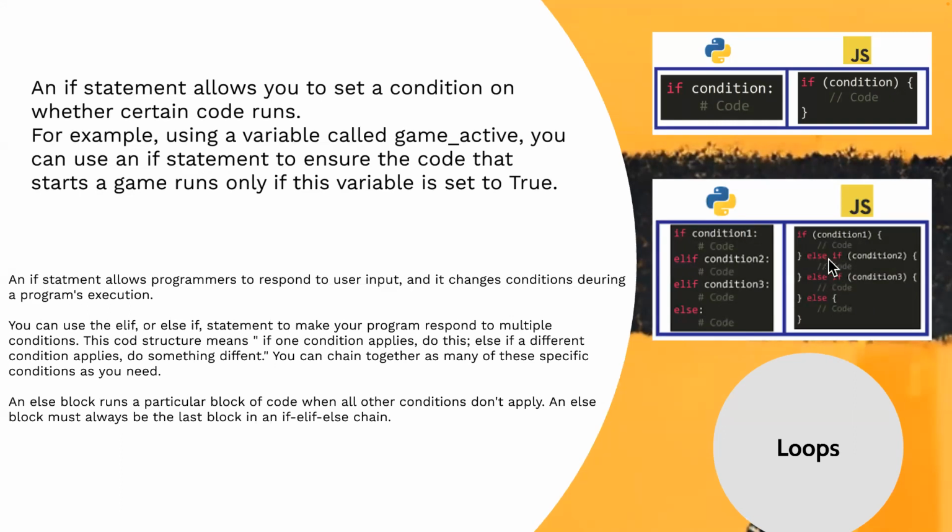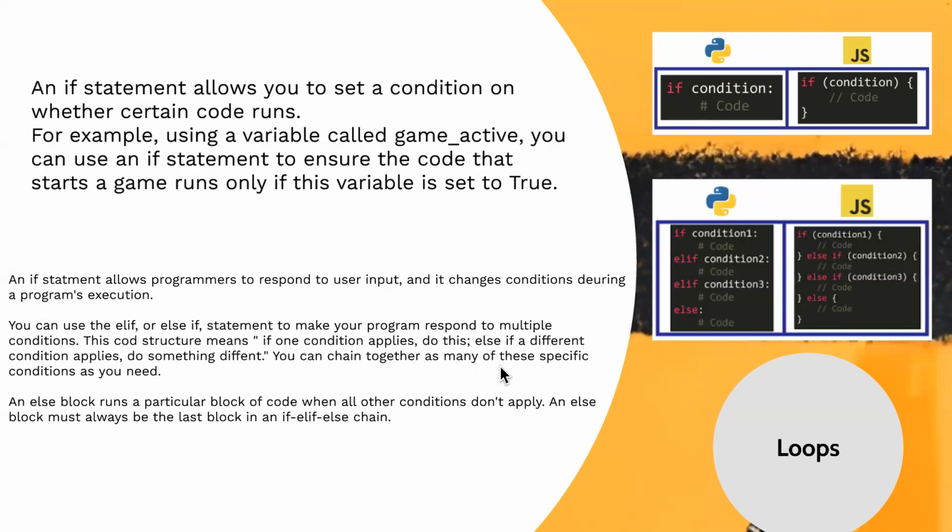And the difference in the else if is just the way it's written: elif. Like elf, but we put an I in there. That's the difference between an else if in JavaScript and Python. You can use the elif or else if statement to make your program respond to multiple conditions. The code structure means if one condition applies, do this, else if a different condition applies, do something different.